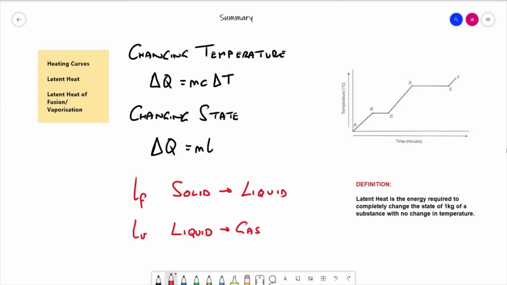Finally, of course, we said that all of this does work both ways, so whether we're increasing temperature or changing state, going from solid to liquid, liquid to gas, or we could be going the other way around. In other words, we're cooling down, we're reducing temperature, we're going from gas back to liquid or liquid back to solid. All of these equations apply no matter whether we're increasing energy, increasing the heat, or whether we're energy being released and therefore cooling everything down.